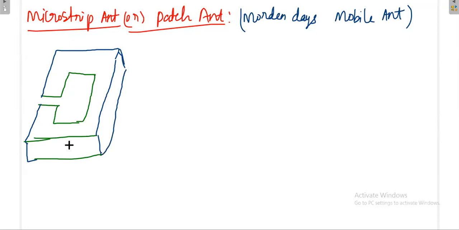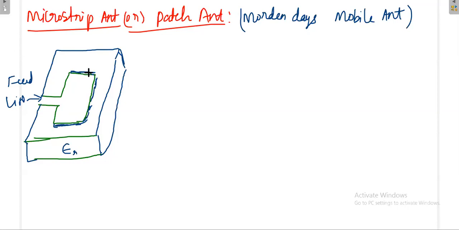This is the dielectric material, epsilon r. And this is the feed line. And this one is the conductor. This entire thing is a surface conductor like this, because above the dielectric, a conductor sheet is there.